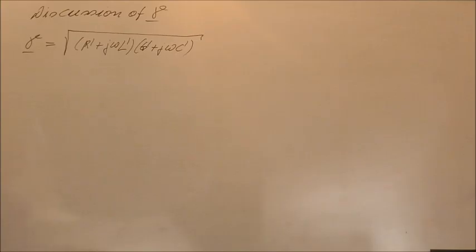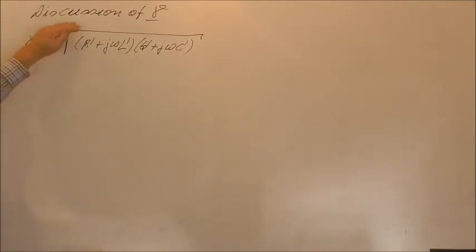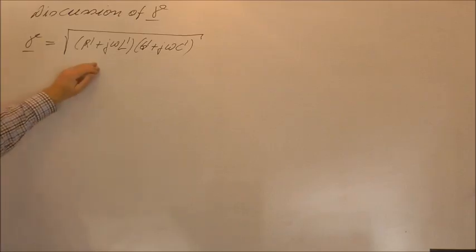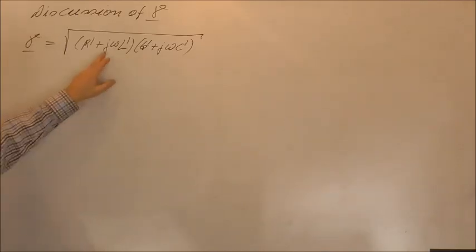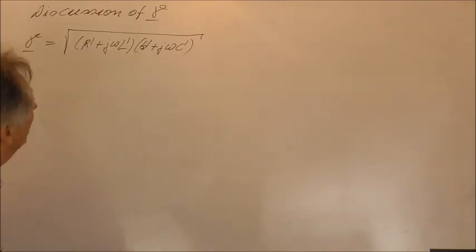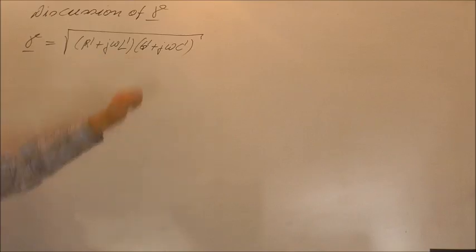To become more familiar with our solution, we will now discuss our constant gamma. According to this equation, gamma is a complex valued constant, and of course it's frequency dependent, but it depends on the parameters of the transmission line.